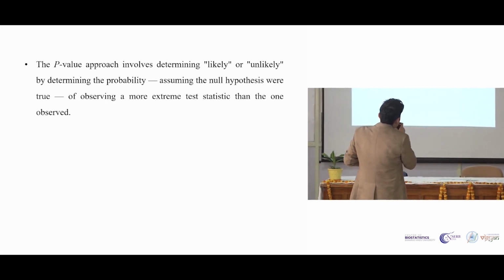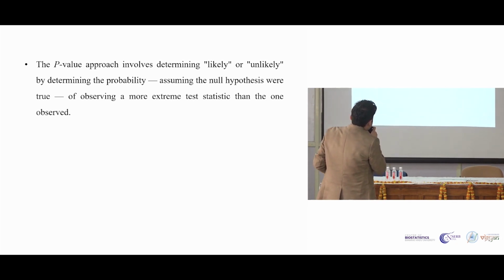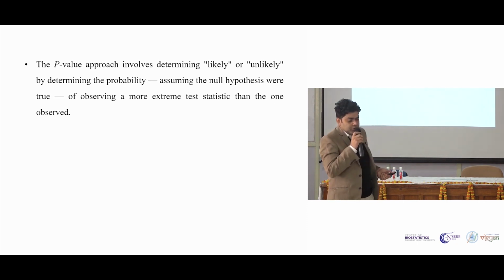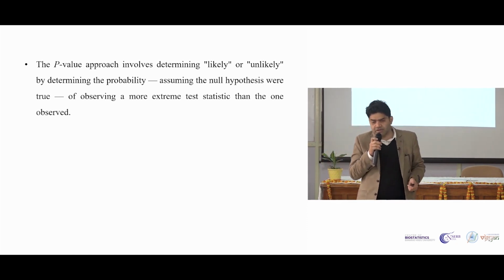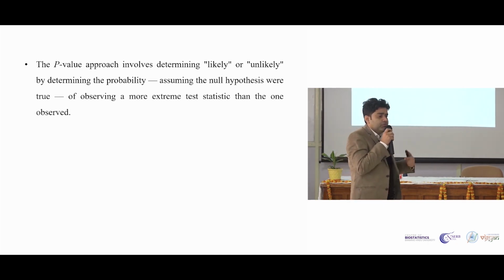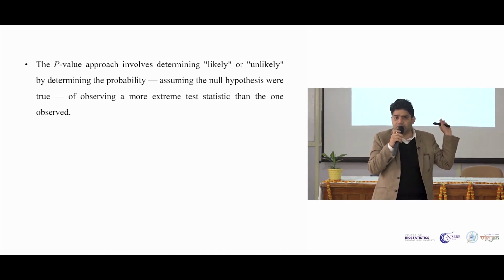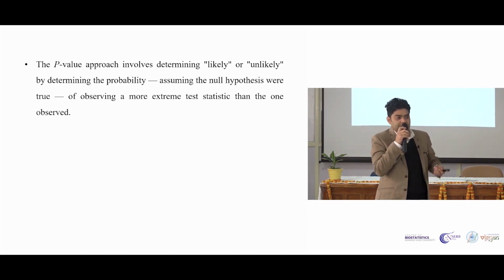The p-value approach involves determining likely or unlikely by determining the probability, assuming the null hypothesis were true, of observing a more extreme test statistic than the one observed. So the critical region approach and the p-value approach are the same thing, but in the p-value approach we convert this value in terms of probability.